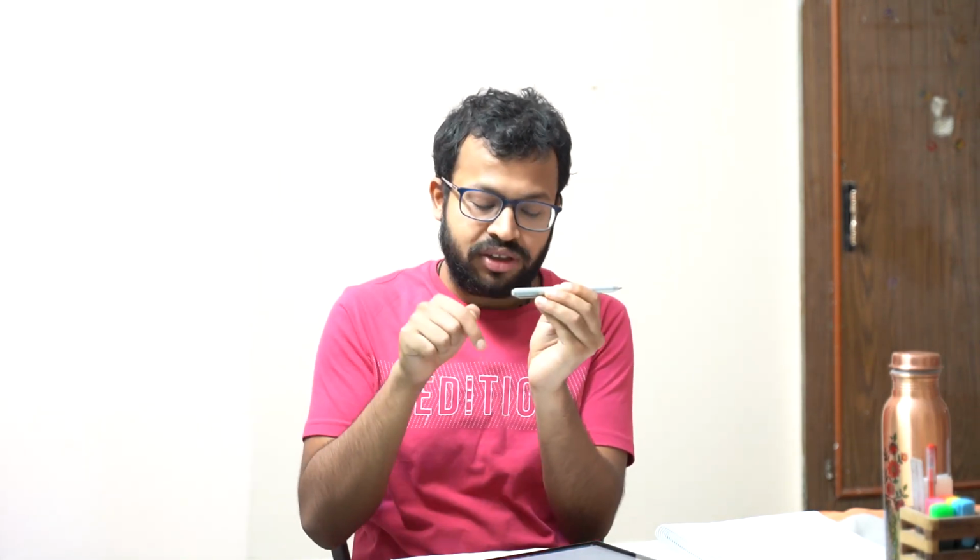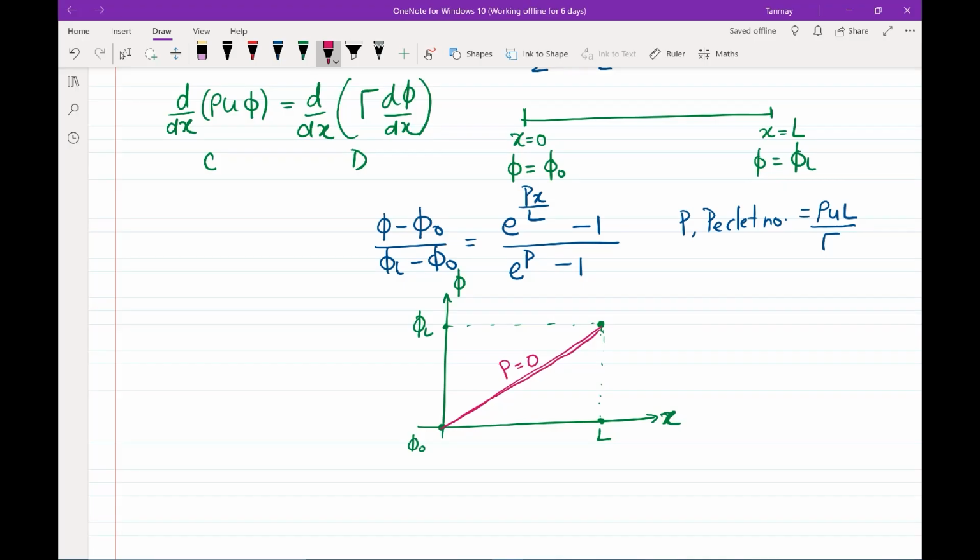The corresponding variation of phi on the plot here would be something like this, right? So let us say this is for P greater than 0. P is greater than 0 due to the fact that the velocity magnitude is greater than 0.